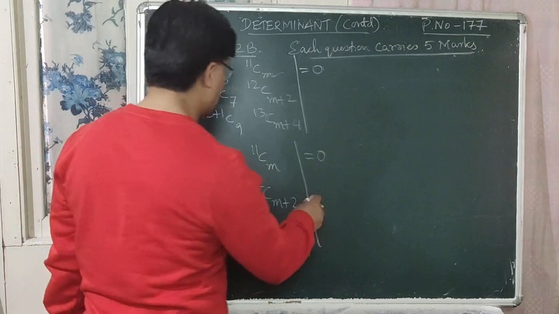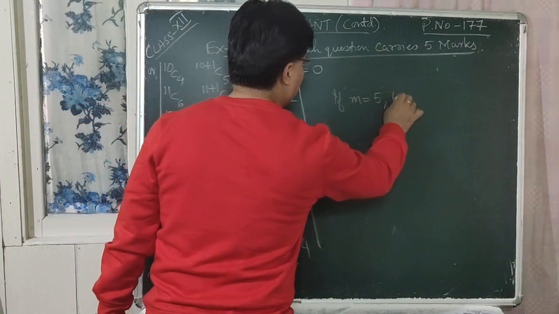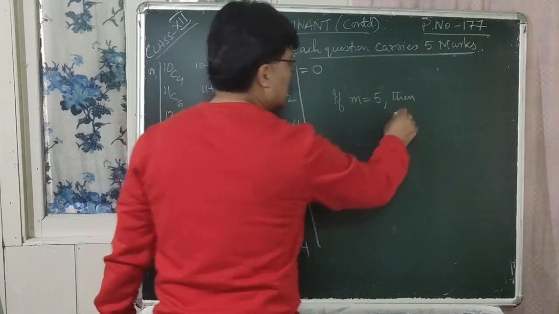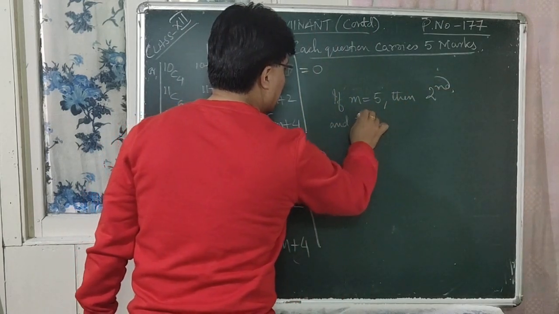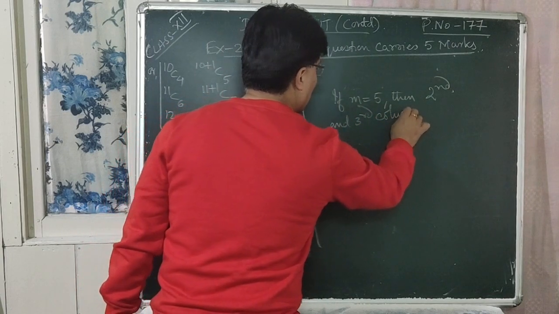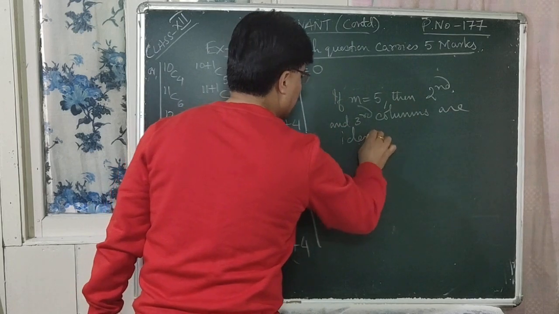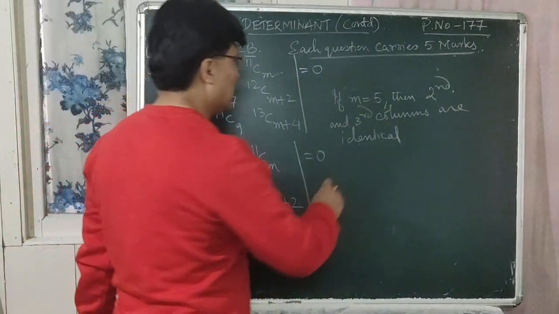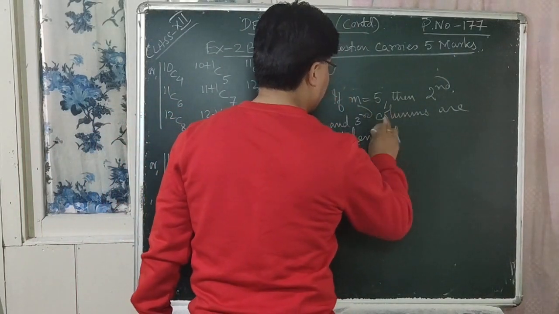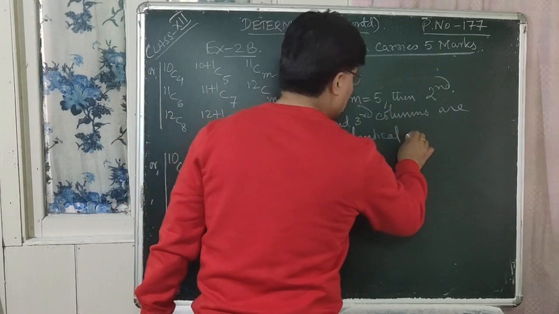So let us write down: if m is equal to 5, then second and third columns are identical.